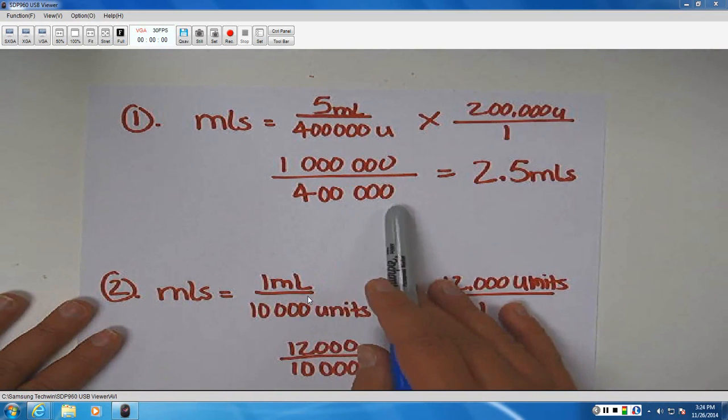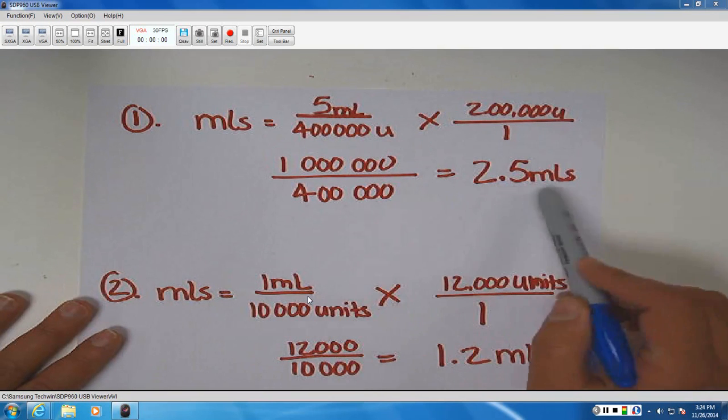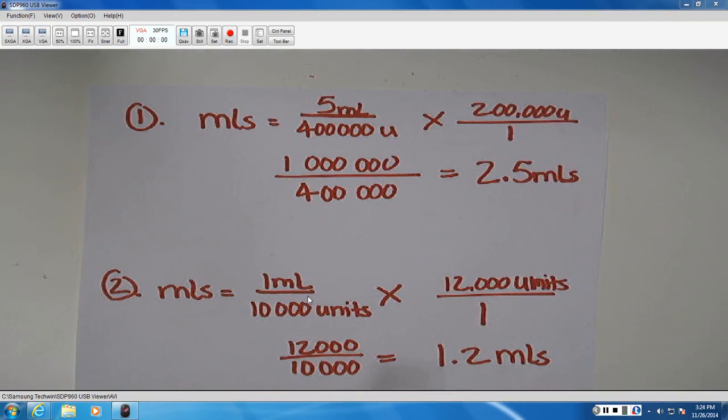Then you just divide 1 million by 400,000, and your answer is 2.5 mLs. So in order to give my patient 200,000 units of the penicillin from this dose that I have on hand, 400,000 units per 5 mLs, I need to give them 2.5 mLs.